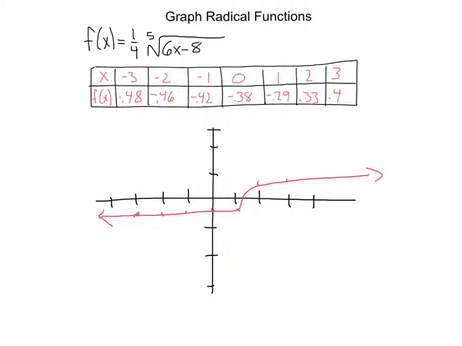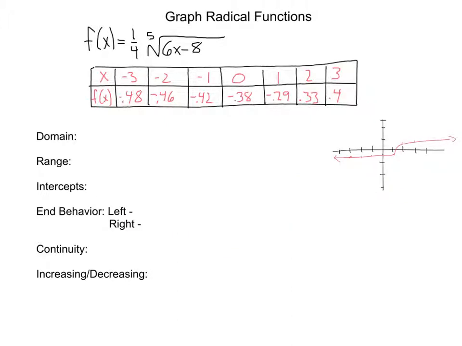All right, let's give ourselves some space and go ahead and analyze all our different components. Since we have this odd root here, looking at our graph, we can tell our domain is going to be -infinity to +infinity. Looking at our range, while it's really close to 0 and not moving very fast, it still is going up and down very slowly.